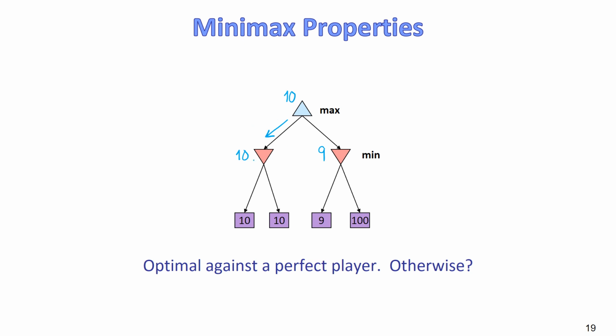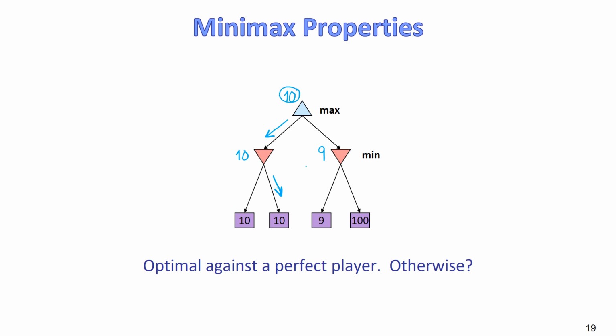Then this player, both are the same, right? Doesn't matter, any one of them. So the game either will go this way and this way, or this way and that way. In both, the value of the game will be 10.